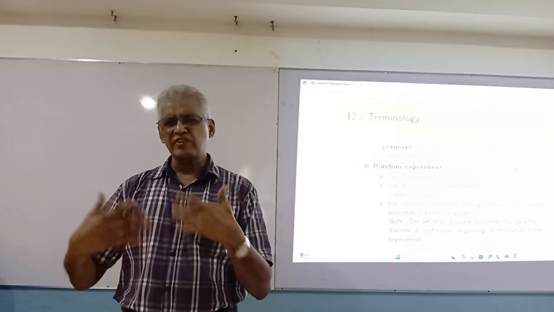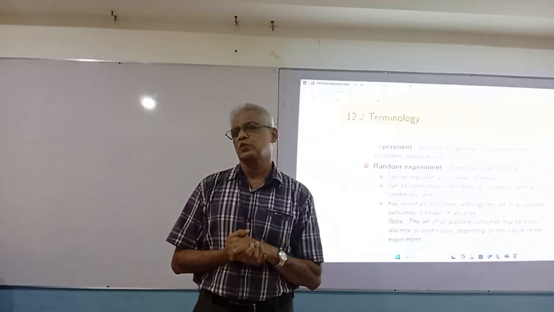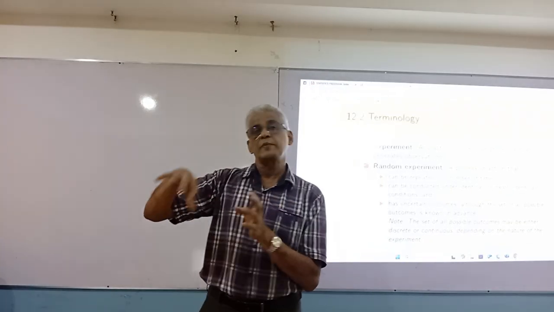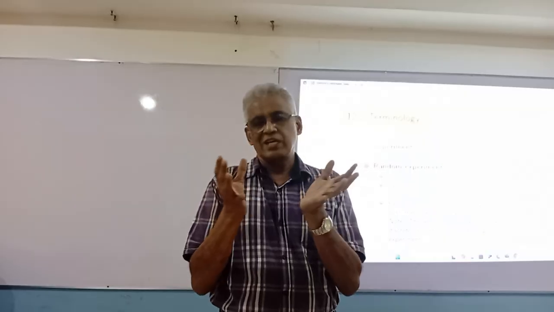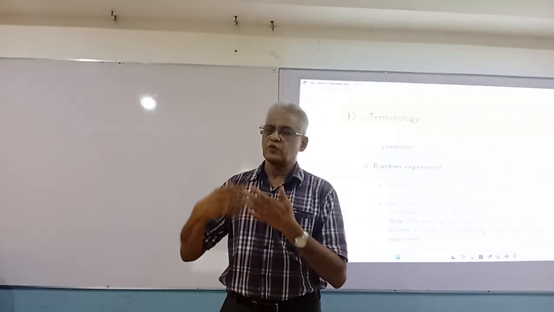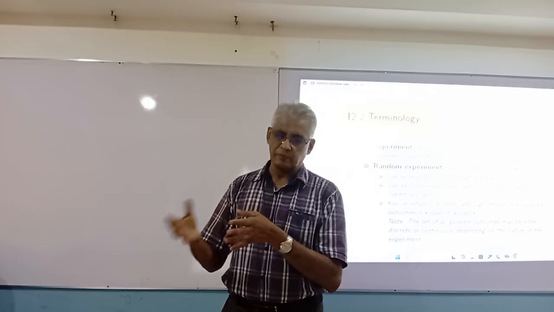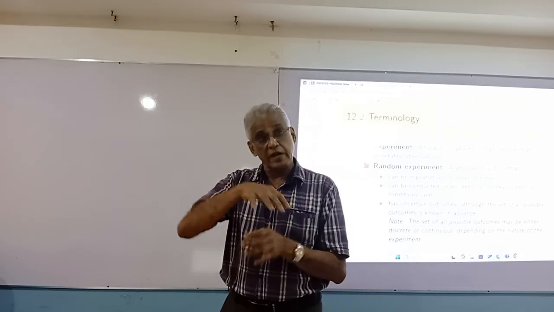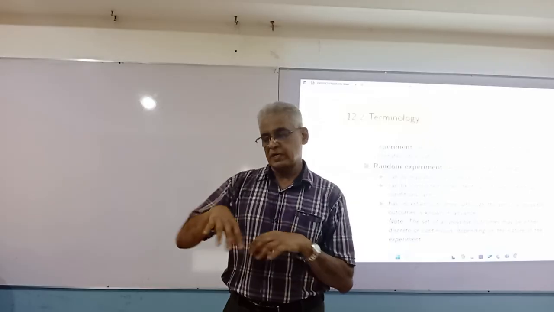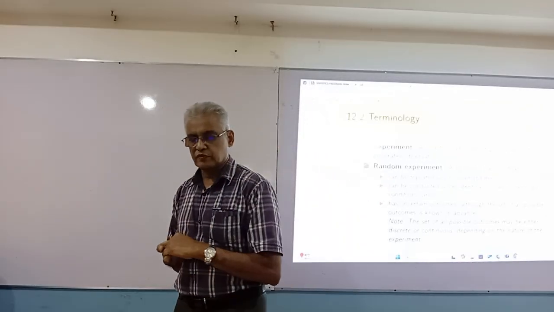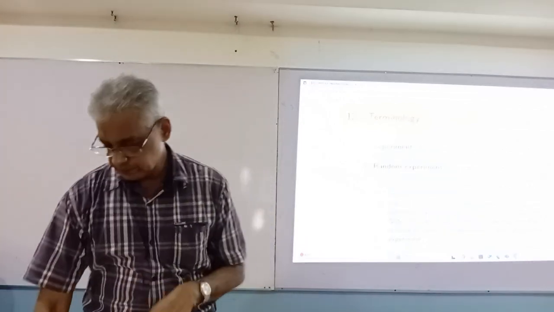Mostly we talk about the probability of some events coming out of random experiments. Of course, some people talk about the probability of events coming from non-random experiments also, but in this class at least we are talking about the probability coming out of random experiments.